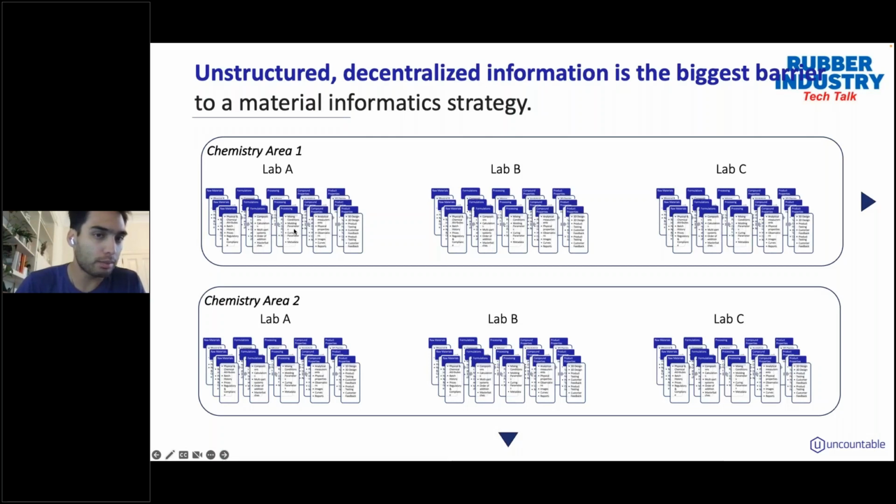Maybe one in the US, maybe one in Germany, and maybe the third in Japan. All of these different groups across the R&D organization are commonly using different tools. Like I said, different LIMS solutions, different ways to collect data, whether they are throwing it into a hard drive or a SharePoint, with no good real central way to collect all of that organizational know-how.